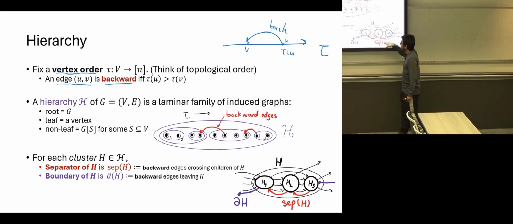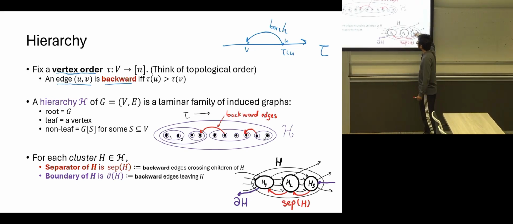But I'm just going to say that the separator of H is the backward edges that cross the children of H. You should think of it as, when I remove the separator, I get these components. So the separator of H is the backward edges that cross the children components. And the expansion is just the expansion, but only over backward edges.